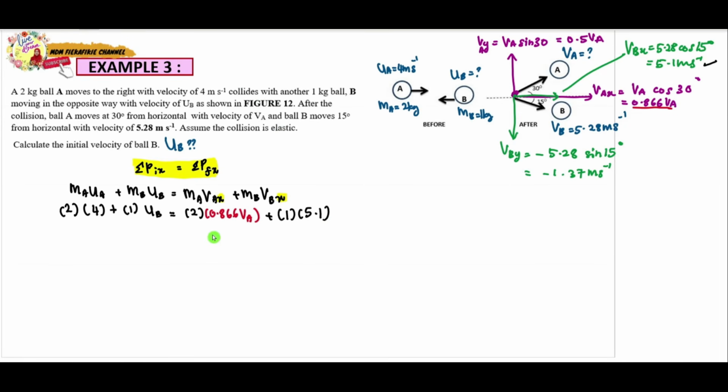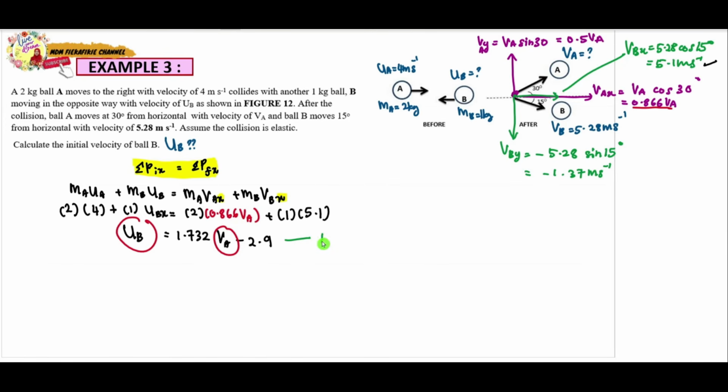Okay, so therefore from here we can write that UB, okay, so this is UBX. Okay, so UBX tu UB lah, so kita akan dapat 1.732 VA minus 2.9. So since here we have two unknowns, UB dan VA, kita tak boleh pun selesaikan.